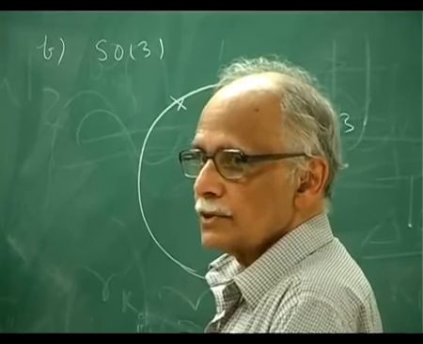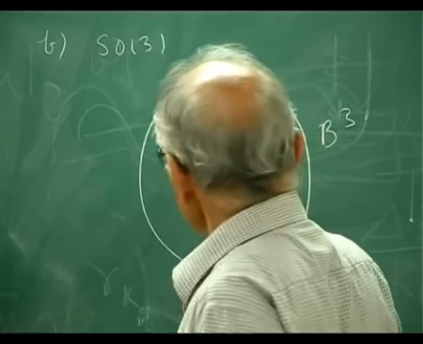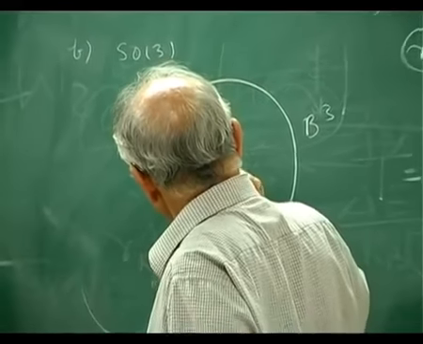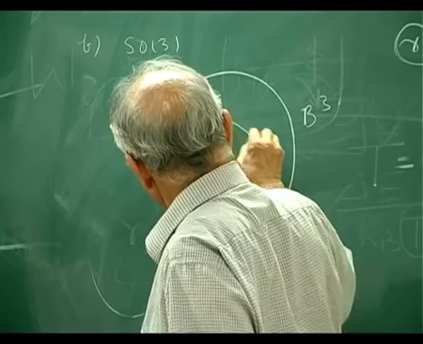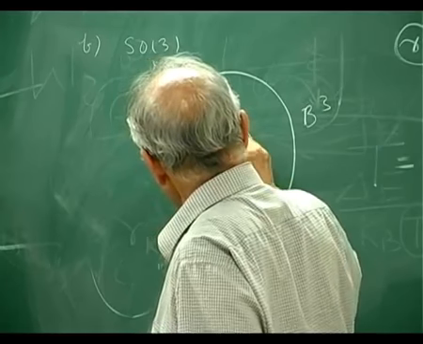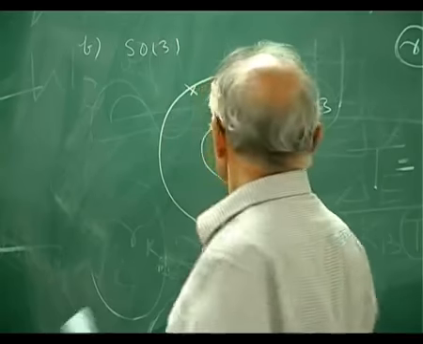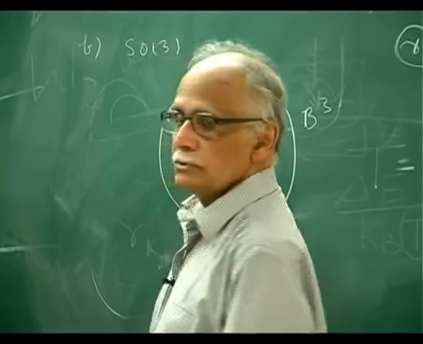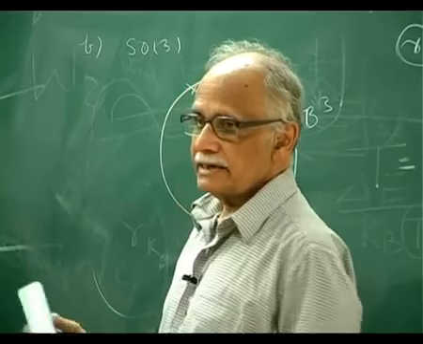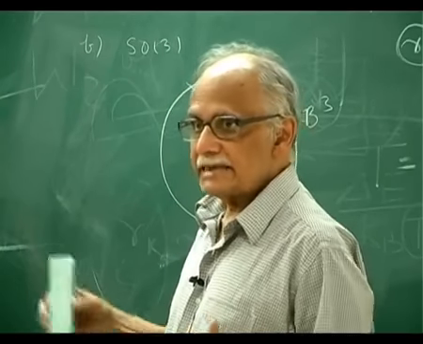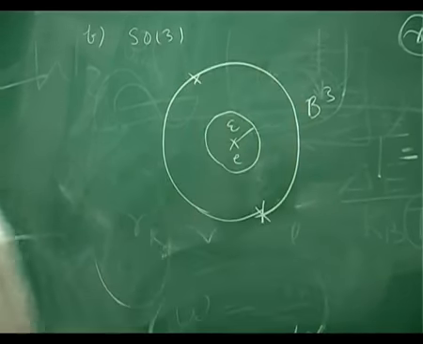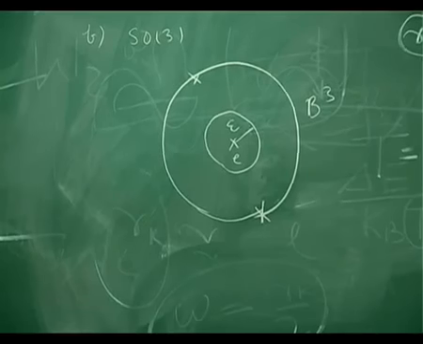So you can choose for U anything like this of radius epsilon. Okay, so you can choose for U all rotations of angle less than epsilon, but around every axis.